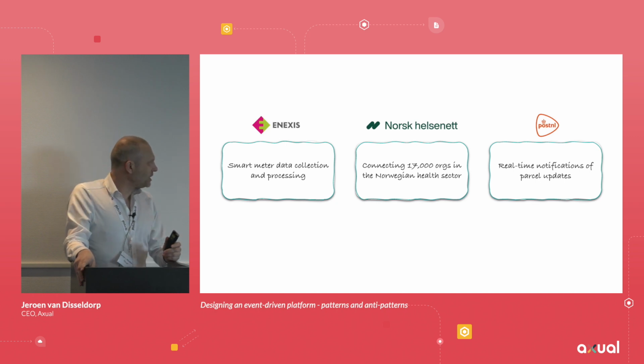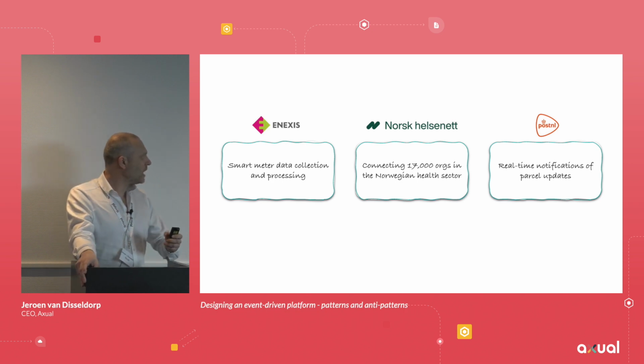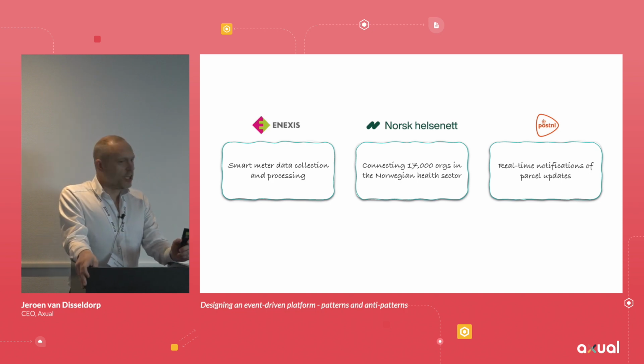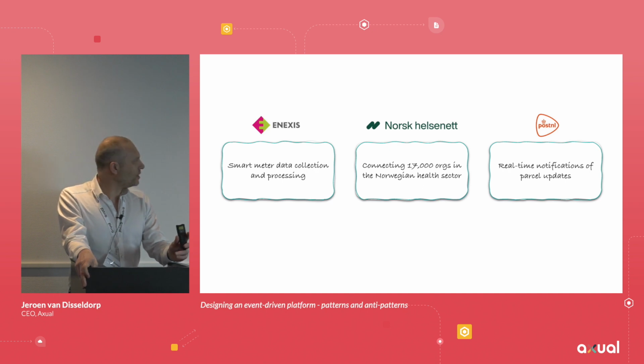An example is Enexis, who's been a customer for quite some time already. They do smart metadata processing, collection and processing on our cloud solution. We're now setting up a system for Norsk Helsenett, which is a Norwegian agency that is responsible for connecting 17,000 organizations in the Norwegian health sector.